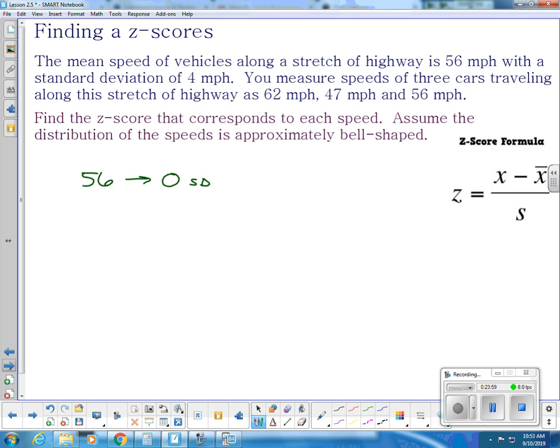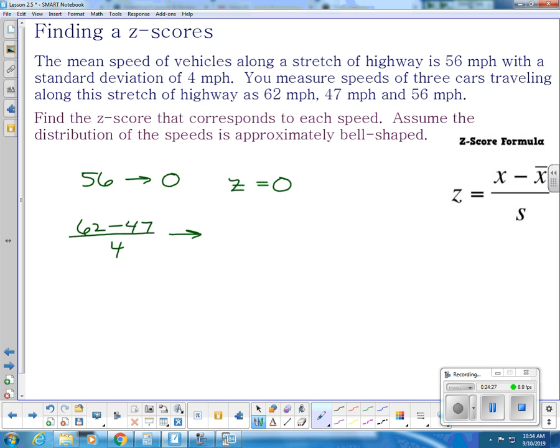The other ones we're going to do some work here. So 62 minus 47 divided by the standard deviation. It's not standard deviation, it's a z-score. Good Lord, I'm losing my mind. Well, it's still 0 standard deviations from the mean, but the z-score equals 0. Okay? What's 62 minus 47?